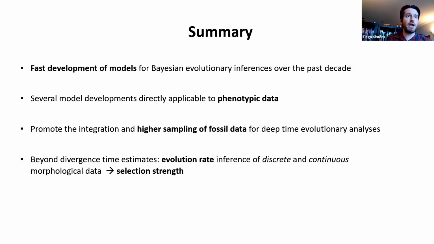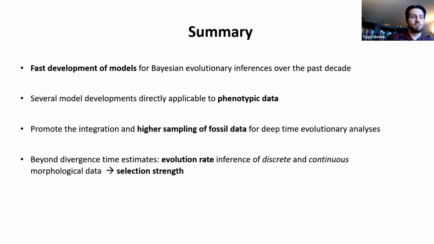So in summary, over the past decade, and especially over the past 5 years, we have had fast development of new models for Bayesian evolutionary inference, including morphological data and the inclusion of fossil data. And this is especially important because it promotes the integration of fossil data, not only to existing morphological data sets, but also with ongoing developments and expansion of molecular data sets, including genomic data sets.